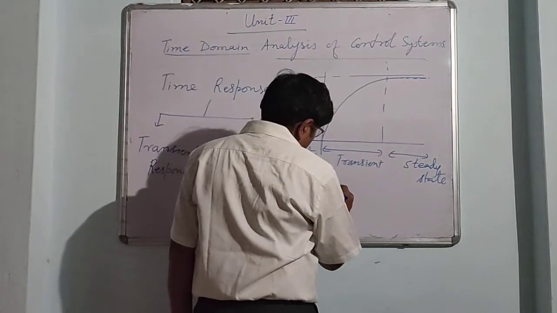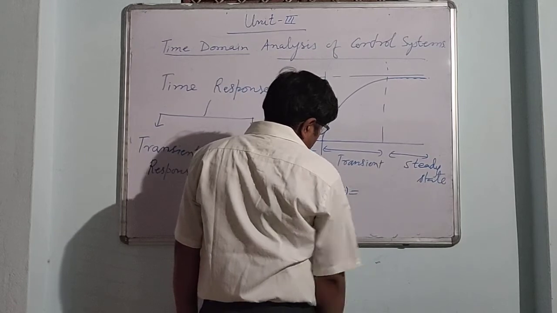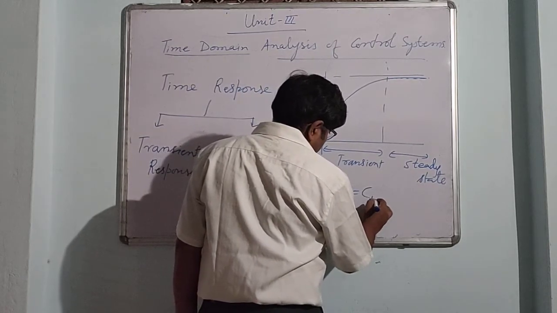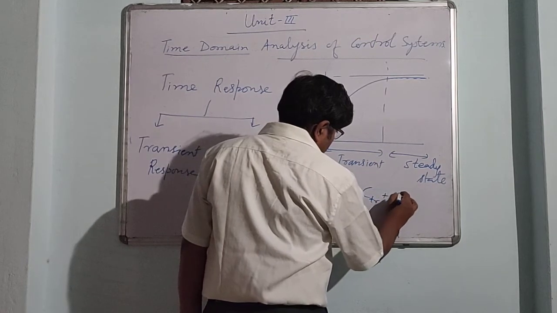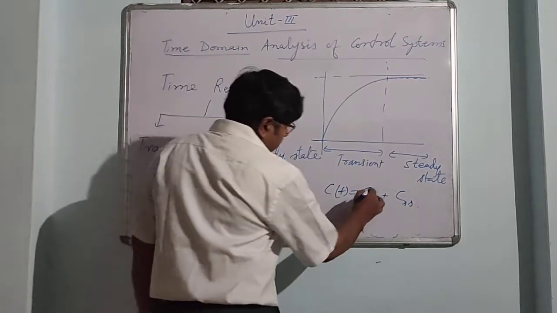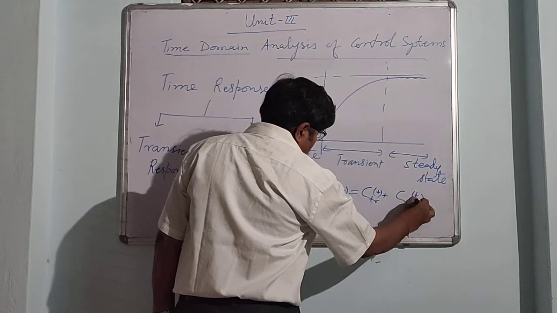The total response C(t) is divided into two parts: one is transient plus another is steady state. So we can break these two responses.